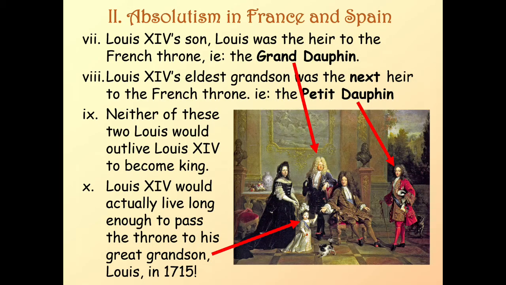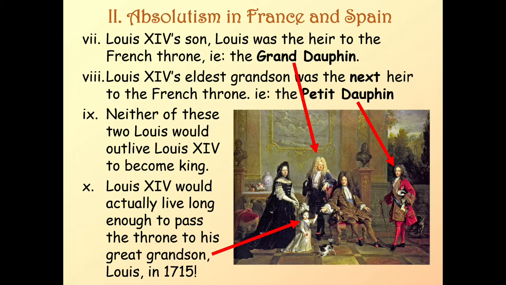Well, Louis XIV's son, Louis, was the heir to the throne. In other words, he was the Grand Dauphin, right? Grand Dauphin. And Louis XIV's eldest grandson was the next heir to the French throne, so he was the Petit Dauphin. Neither of these two Louis would actually outlive Louis XIV and become king.